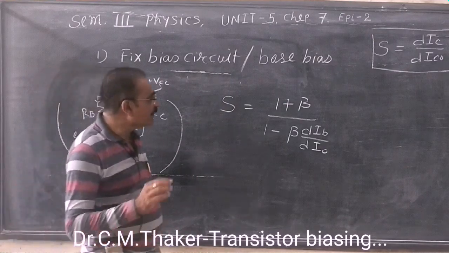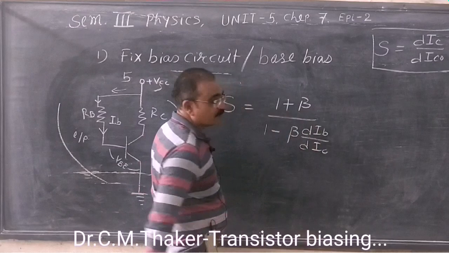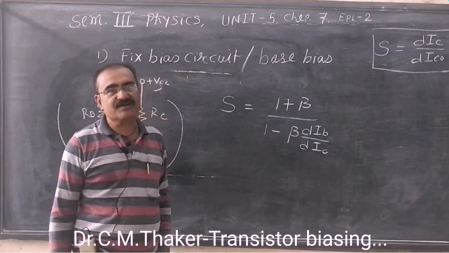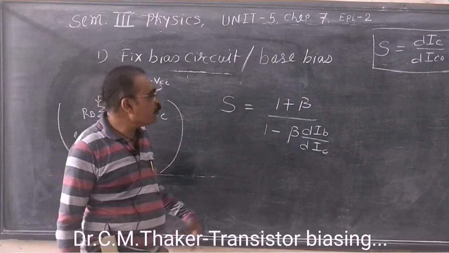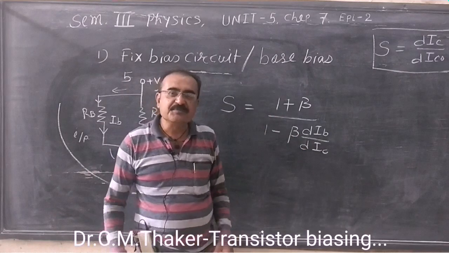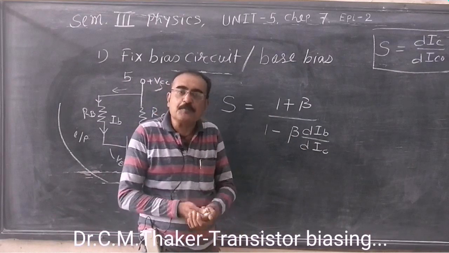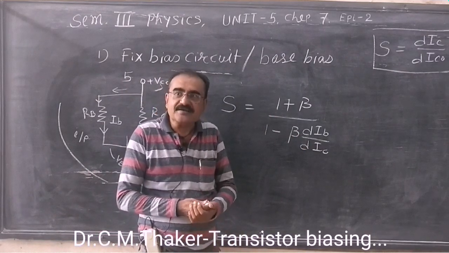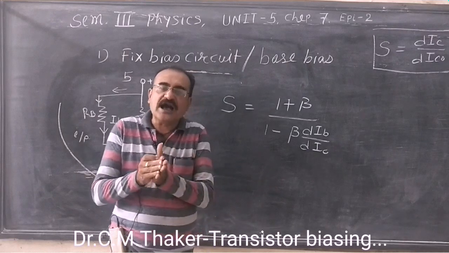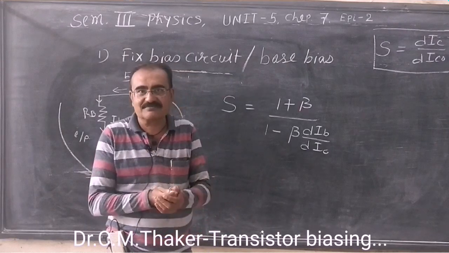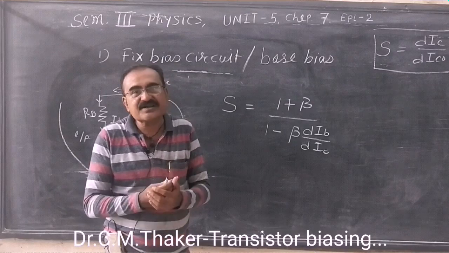Now you see the variation of the base current with respect to collector current. But you see our Q point and IB current is fixed, and that is why our RB is fixed.